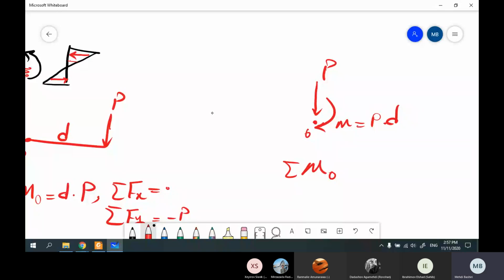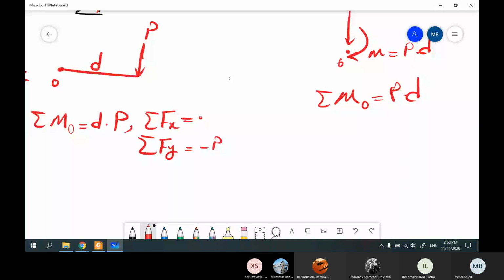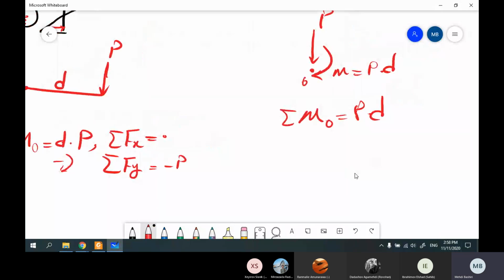We have one concentrated moment equal to P dot D with the direction of clockwise. In this case, again, the direction is like this. Clockwise, if you remember, was negative. And sigma Fx is 0, and sigma Fy is again minus P.